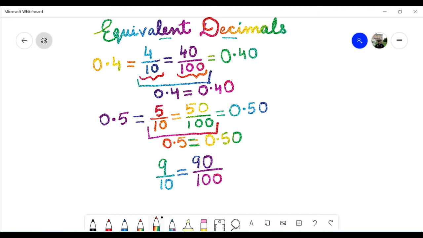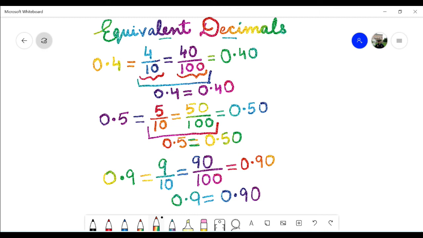Now the decimal equivalent of 90 upon 100 is 0.90, and the decimal equivalent of 9 upon 10 is 0.9. So children, 0.9 is equal to 0.90.